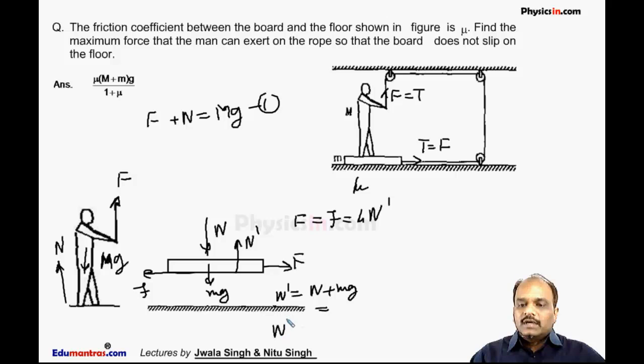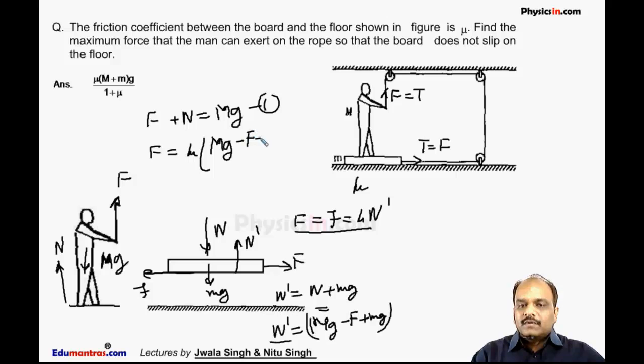We can say N dash is equal to N, means capital Mg minus F, plus small mg. This is the value of N dash. I will substitute the value of N dash here, so we get F is equal to mu times N dash. N dash means capital Mg minus F plus small mg.